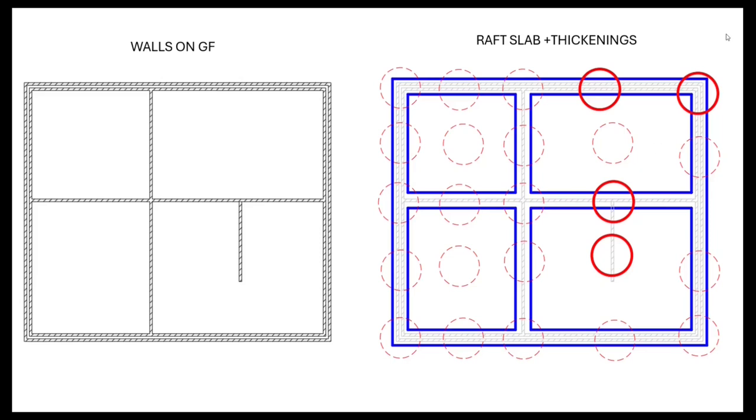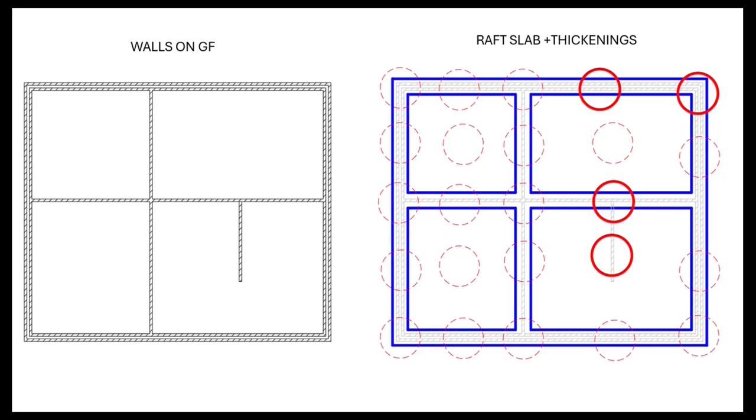When we have a domestic building, we have a layout of walls on the ground floor. Those walls may be cavity walls, single leaf walls. They may be bearing, non-load bearing. We may have also some point loads, and those walls are standing on the raft slab, but very often under heavy line loads, we are providing in domestic buildings raft local thickening.